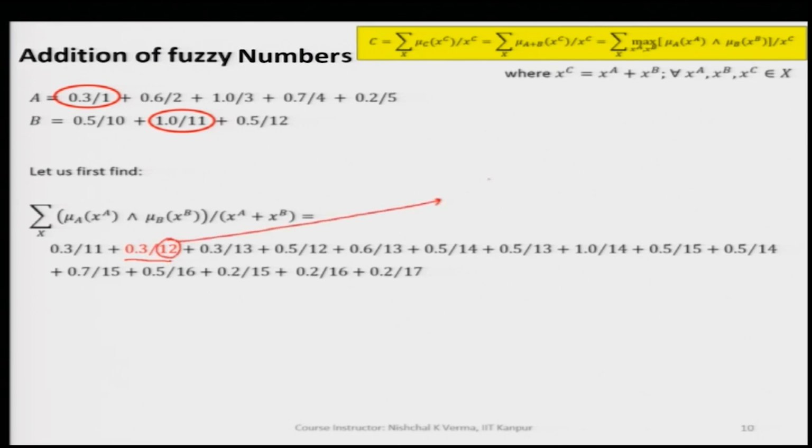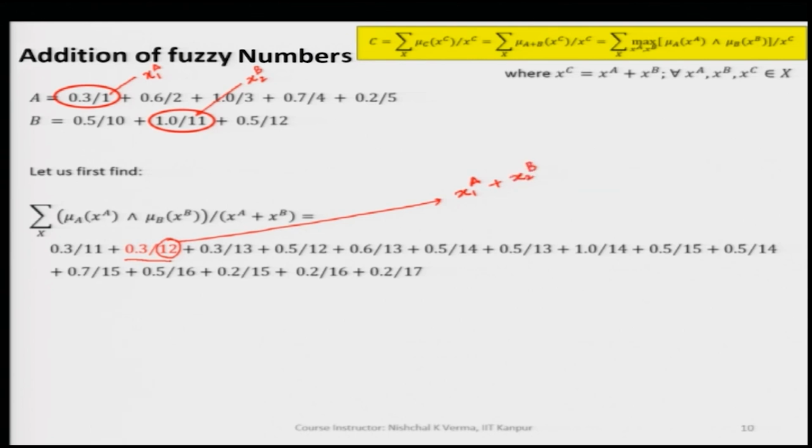This is because here 1 is x 1 a, and here I can write x 2 b. So, this 12 is the outcome of x 1 a plus x 2 b.